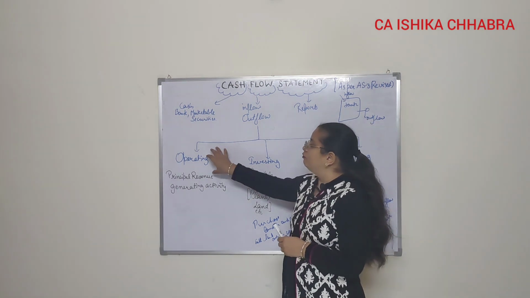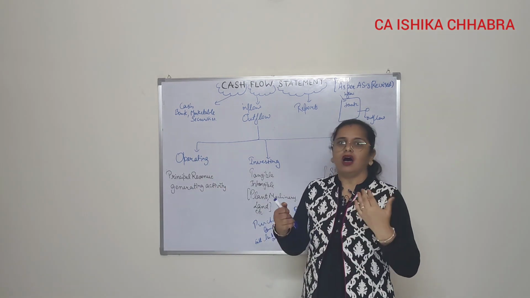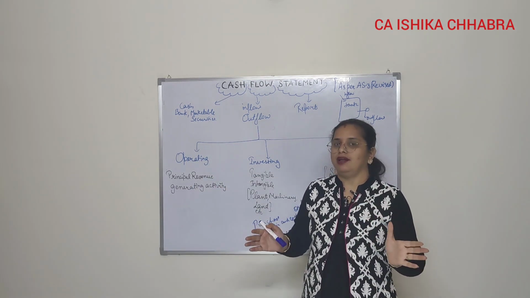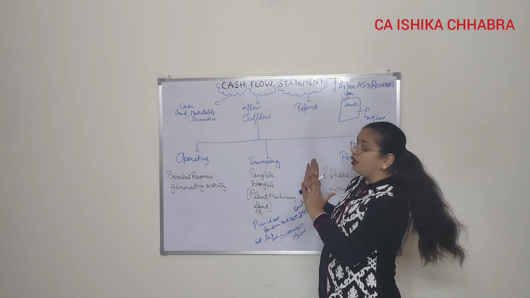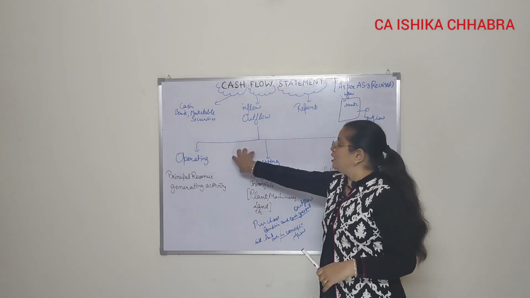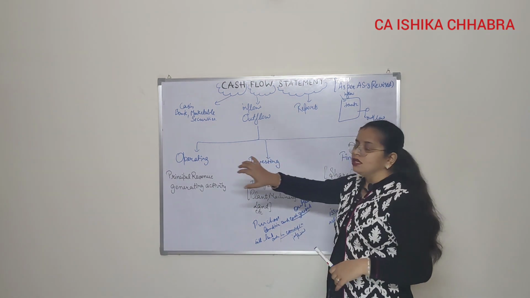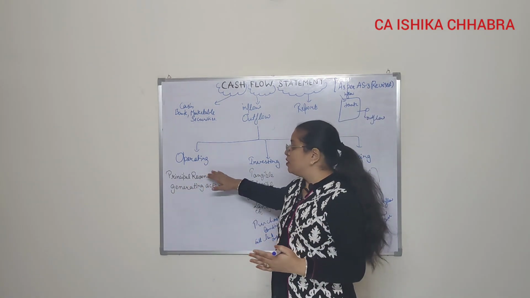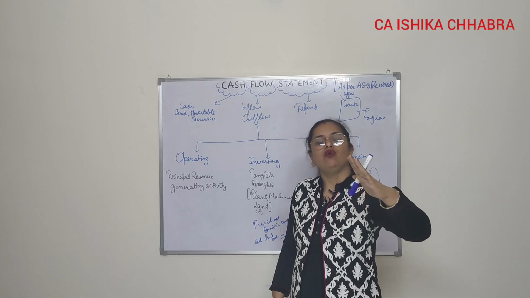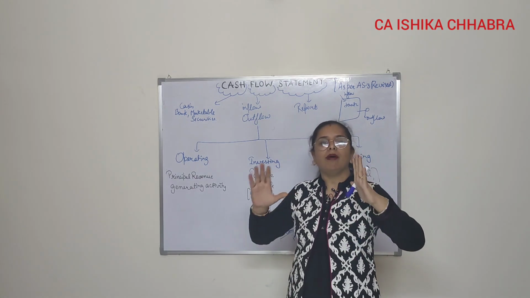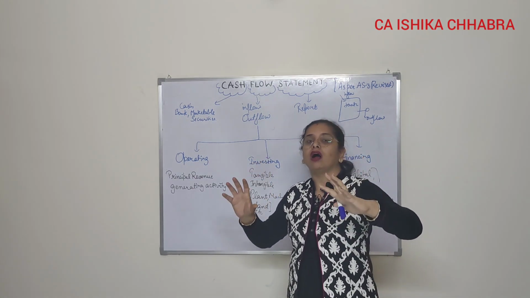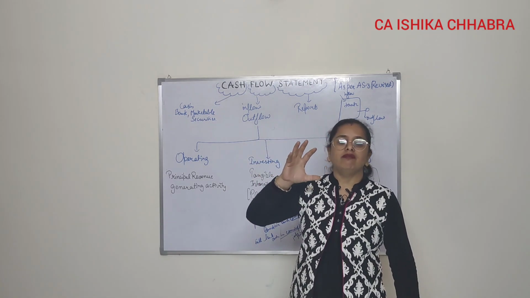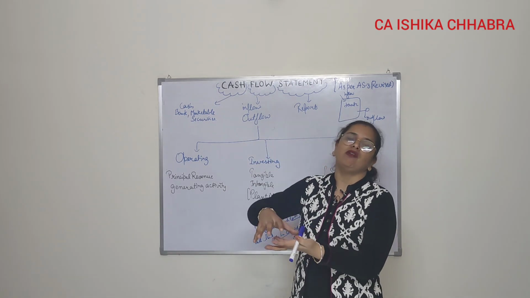Then we will come to operating activities. What are these activities? Look, other than investing and financing, the rest are operating activities, or we can say the principal revenue generating activity, the work which is the main purpose of our business.